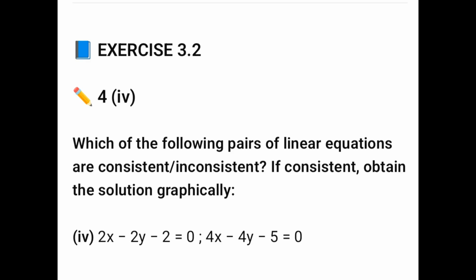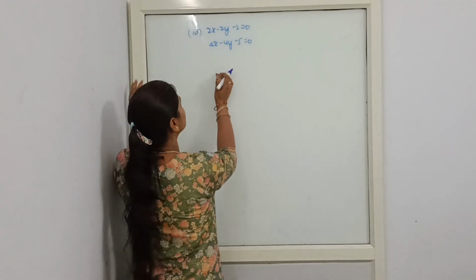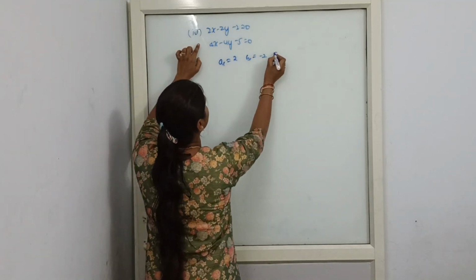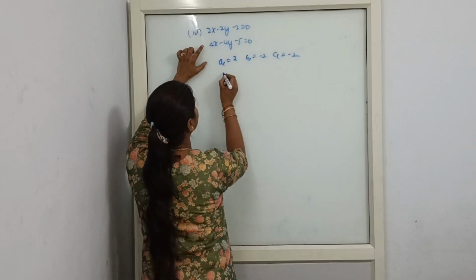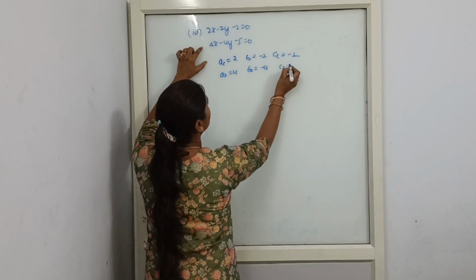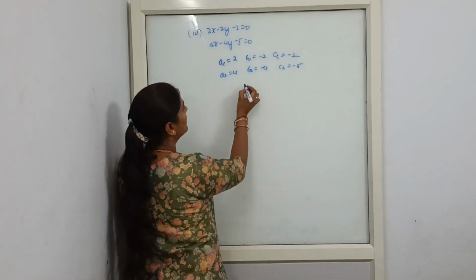The next one is 2x minus 2y minus 2 is equal to 0 and 4x minus 4y minus 5 is equal to 0. So a1 is 2, b1 is minus 2, c1 is minus 2, a2 is 4, b2 is minus 4 and c2 is minus 5.